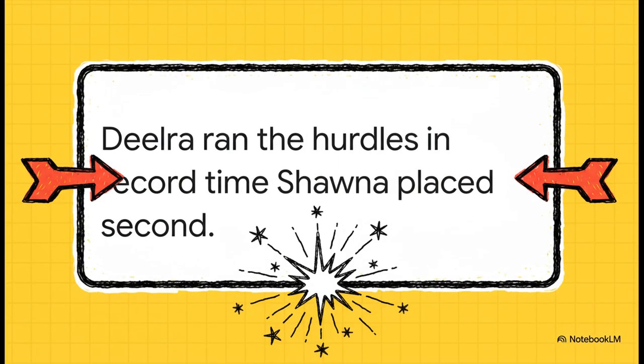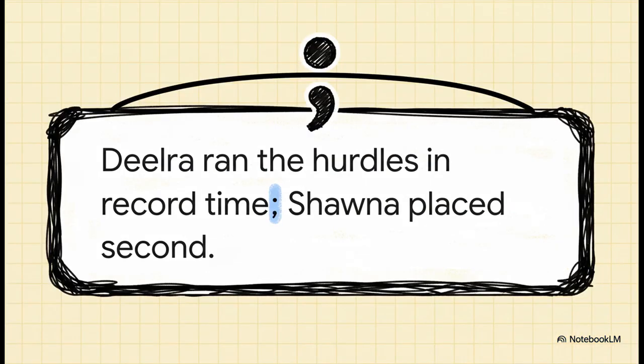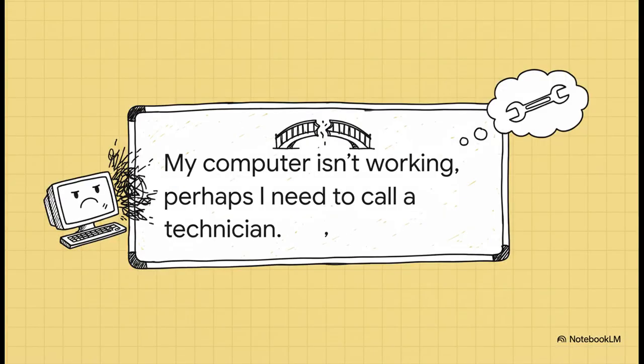Let's bring back our fused sentence one last time. We've got our two complete thoughts just running into each other. And with one simple piece of punctuation, it is fixed. Deirdre ran the hurdles in record time; Shauna placed second. The semicolon creates this clean, strong separation, but it still shows that these two facts are part of the same story. It's pretty cool.